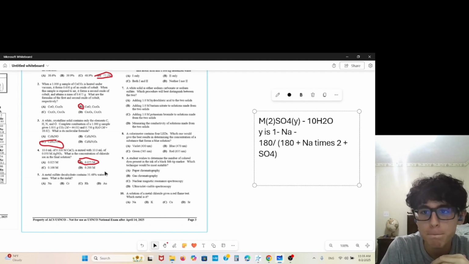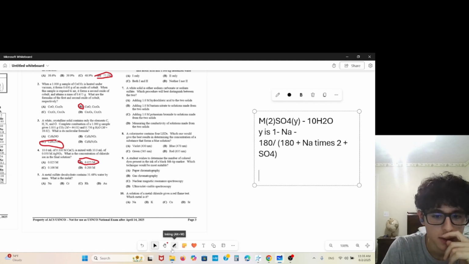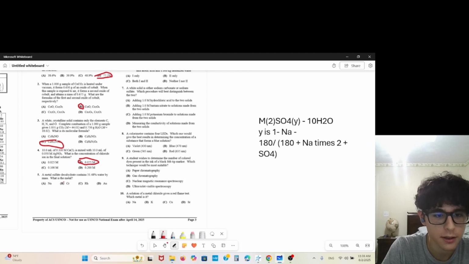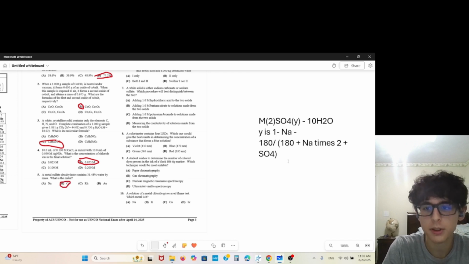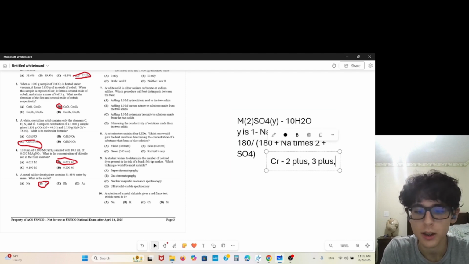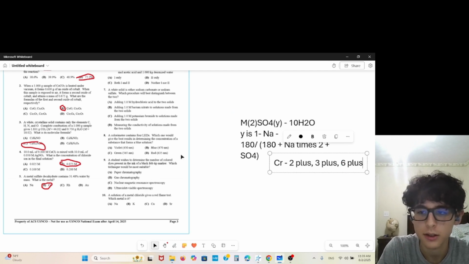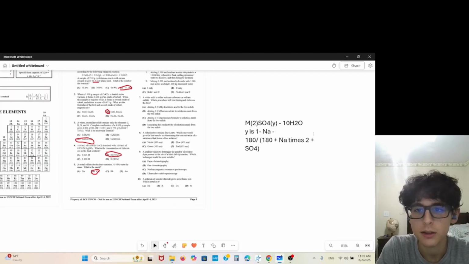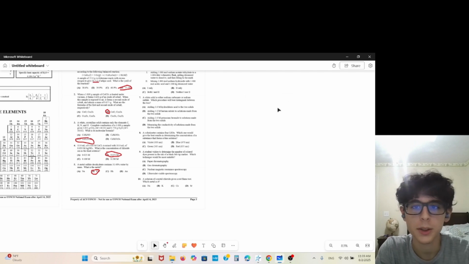So try that. It doesn't work. AU is plus 1 or plus 3. Doesn't work. So CR works. And CR has 3 main oxidation states, 2 plus, 3 plus, and 6 plus. Alright, perfect. So yeah. Alright, halfway done.